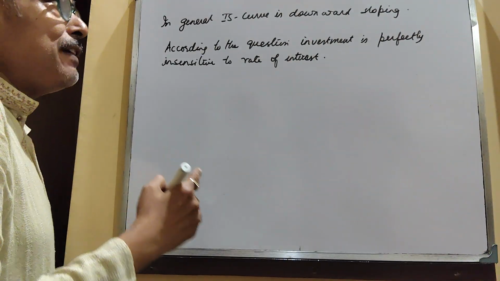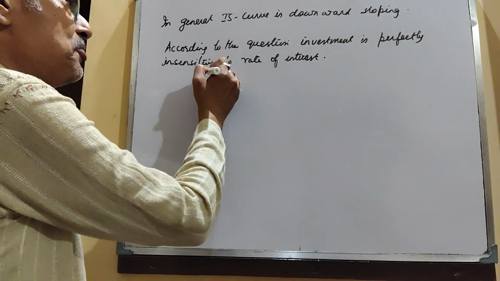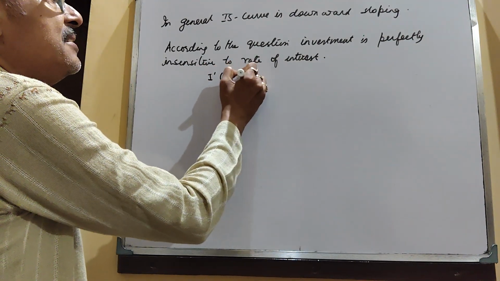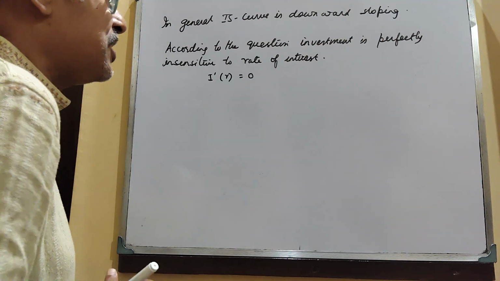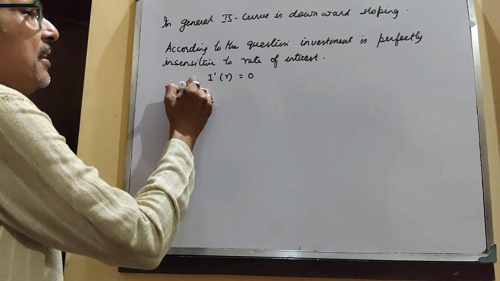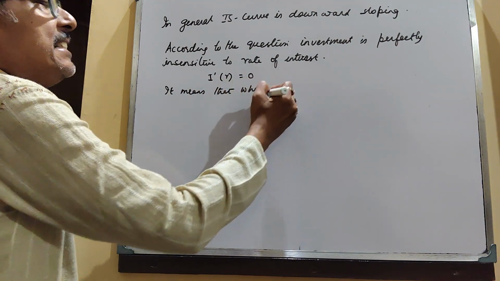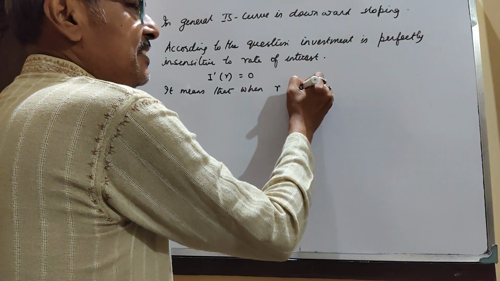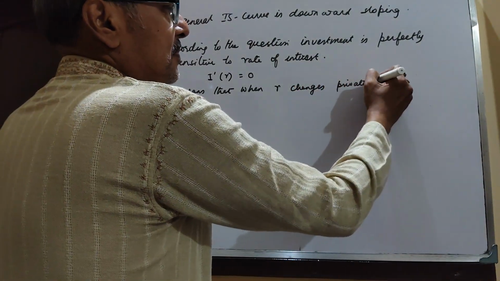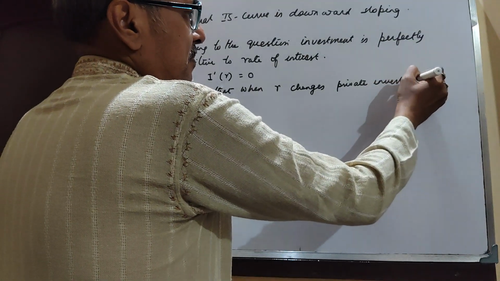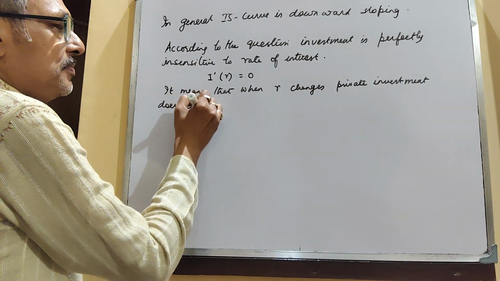Now, what does it mean that investment is perfectly insensitive to rate of interest? It means that I prime r is 0. That is, when interest rate changes, investment does not change. When r changes, private investment does not change.